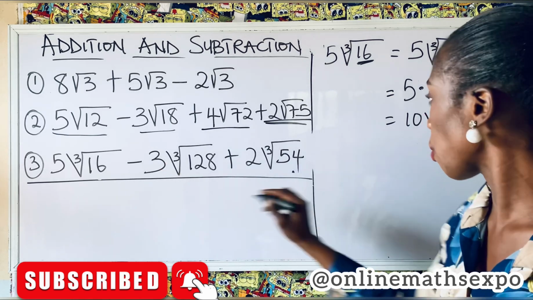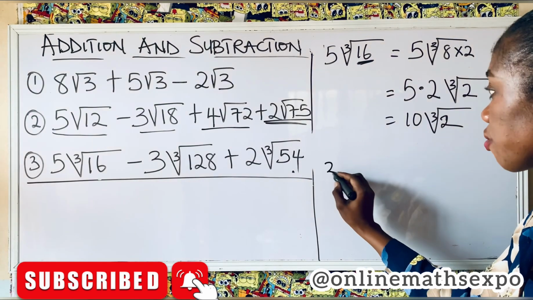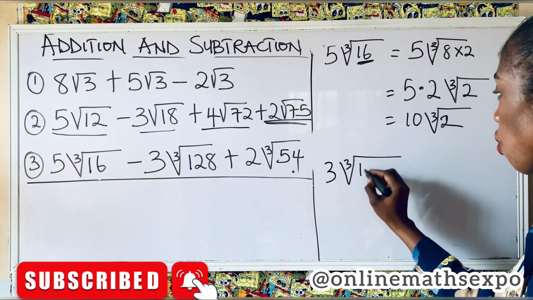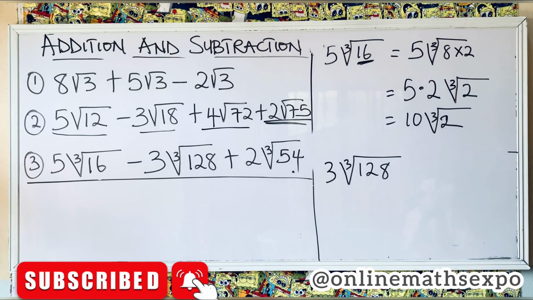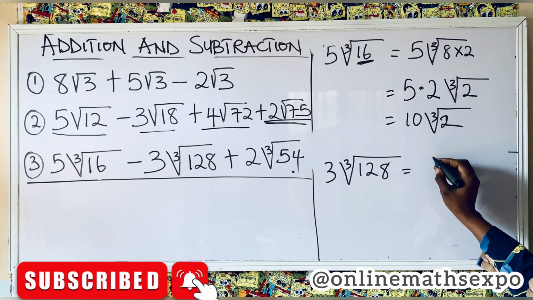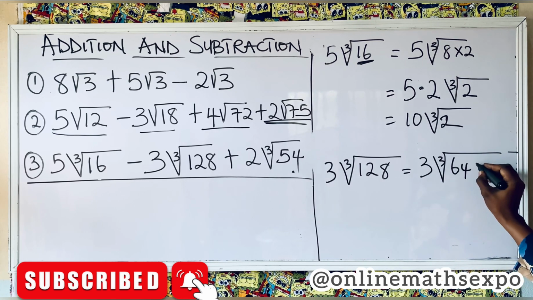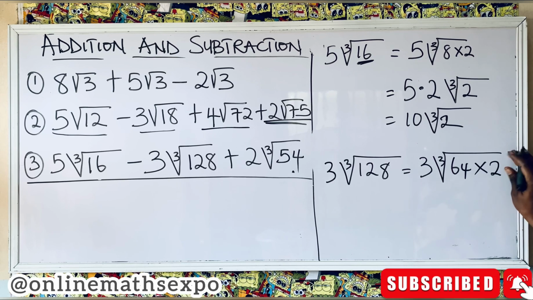Now the next one to simplify is this. So we have 3 cube root of 128. The perfect cube in 128 is what? It is 64, and 64 multiplied by 2 gives you 128.